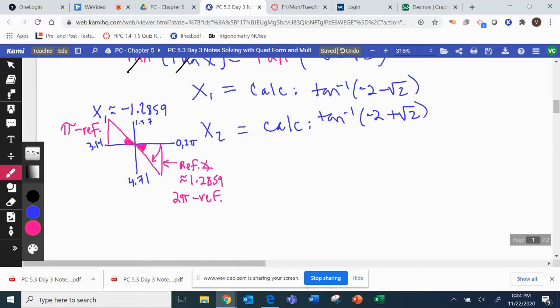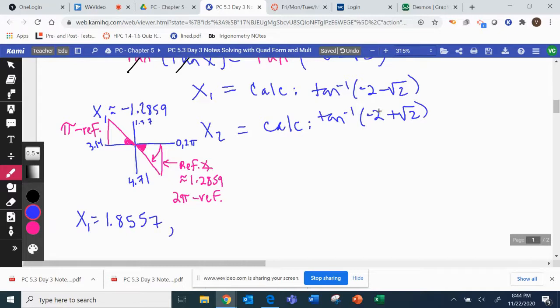And the angle on my calculator is negative, so I really am just going to take that number and then add pi or add 2 pi. So I get my first answer as 1.8557.